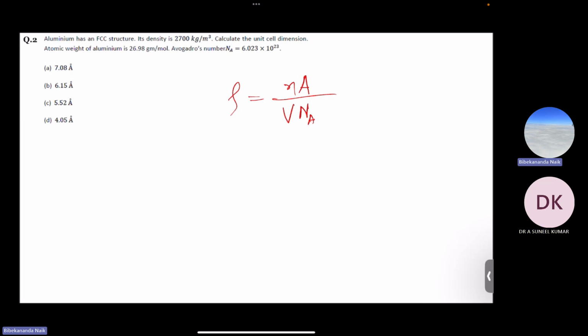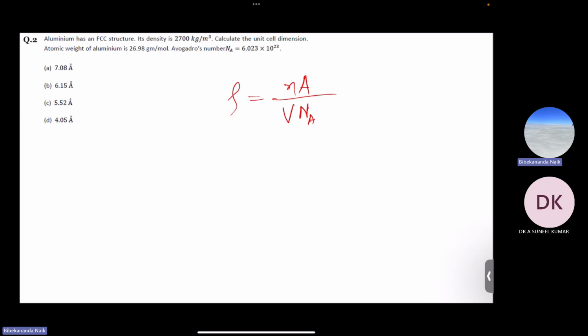If you put all the values, what will be the answer? That time I got nearly 6.6. No, I think you have calculated it wrong. The correct answer will be option D, that is 4.05.